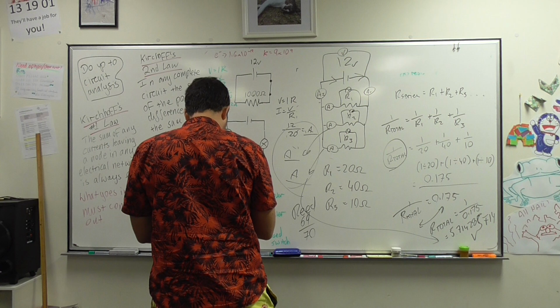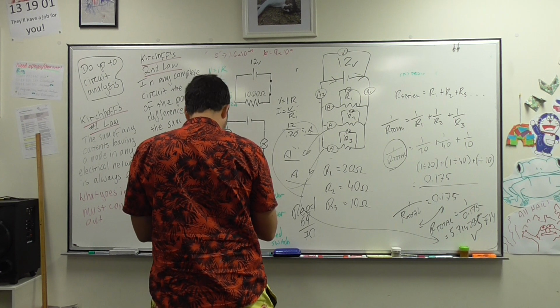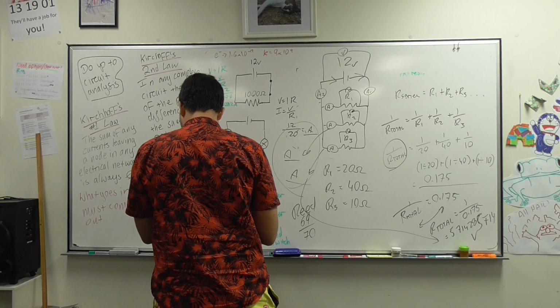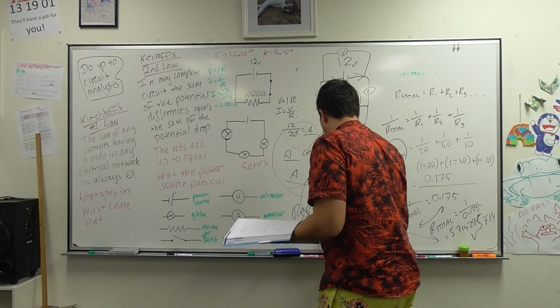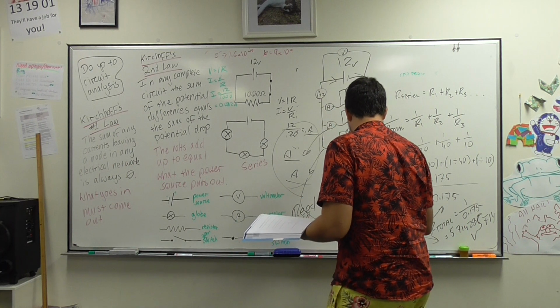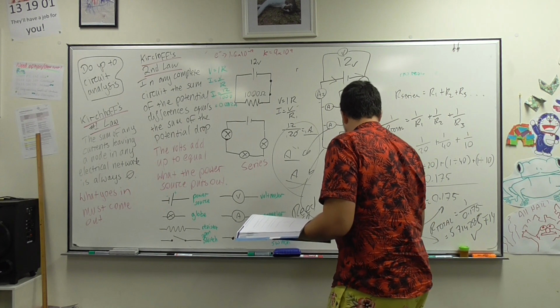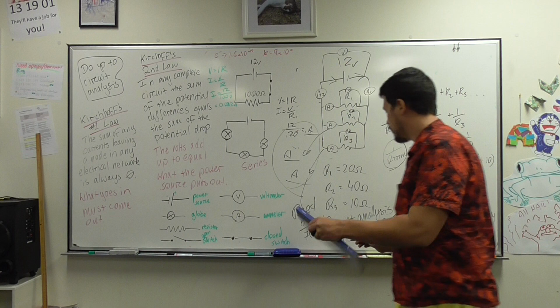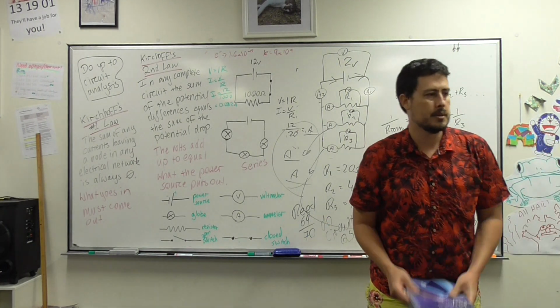Do the questions on 85, 86, 87, 88, 89, and 90. So do the circuit analysis questions, 85 to 90. So yeah, read 69 and 70 and do the questions from 85 to 90 for circuit analysis.